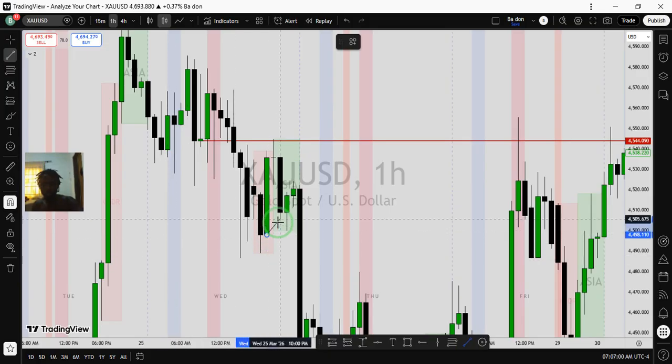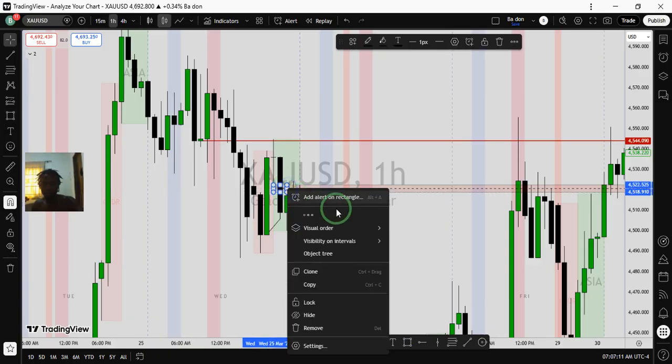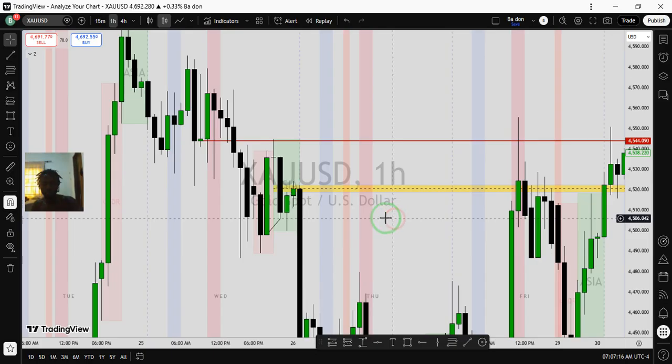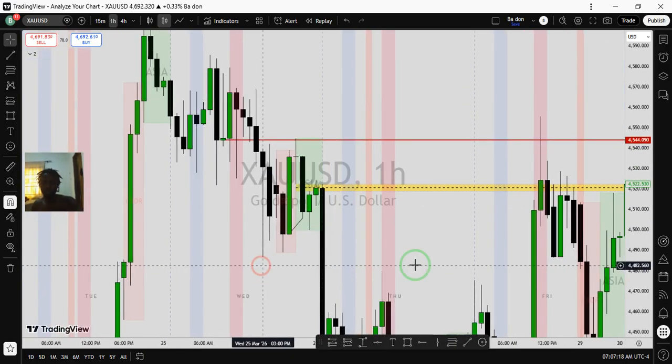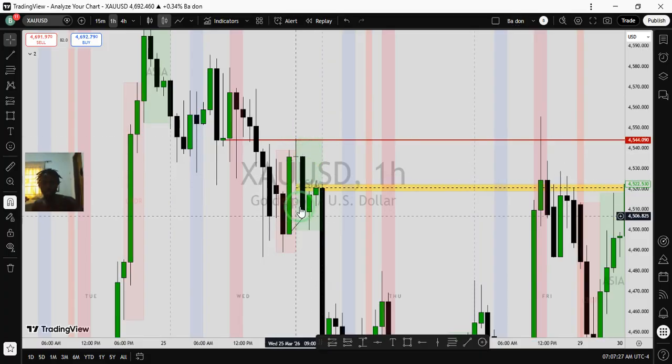You can see this up move. This candle failed to break structure, but it created a fair value gap right here. This is the magic of the setup. We mark a valid order block on the 4 hour time frame and wait on the 1 hour for price to react from it and create a fair value gap. And right here you can see price created a fair value gap.